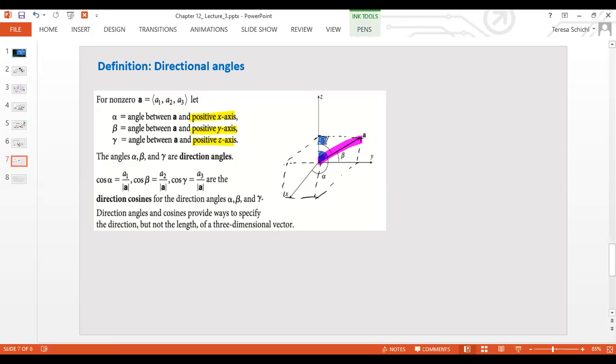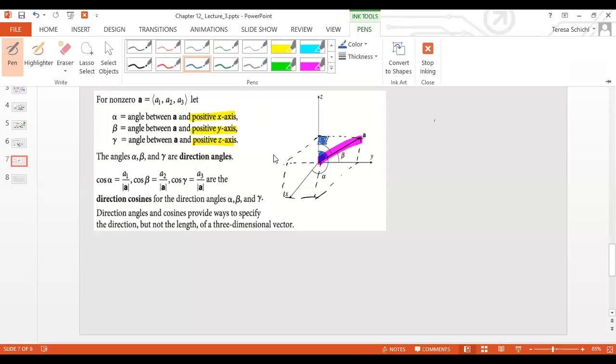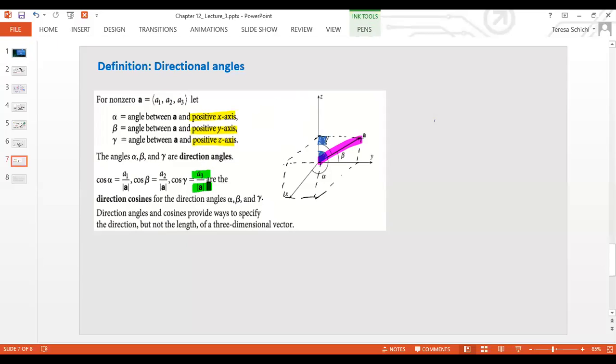It will be adjacent over hypotenuse, right? What is the adjacent here? The adjacent is the A3 component. And what is the hypotenuse here? The hypotenuse is the length of the vector A. So it's A3 over the length.